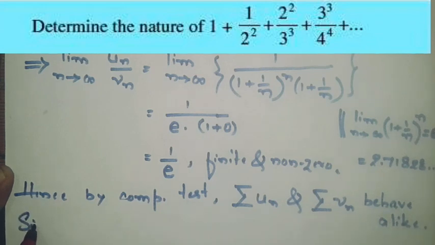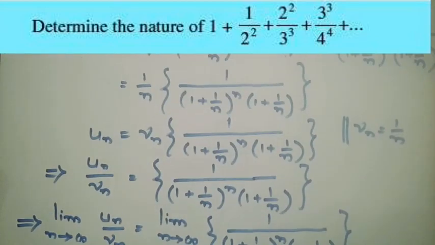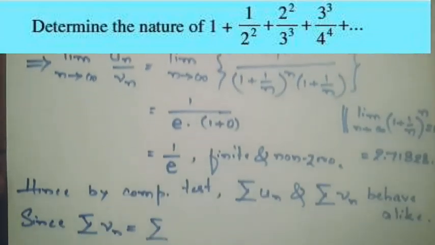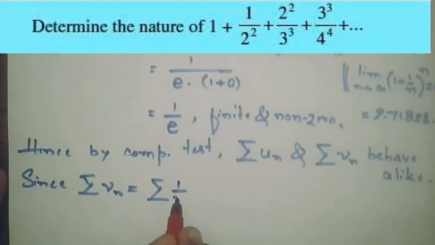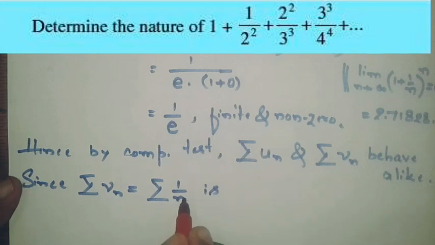Since we know the nature of summation vn, what is the value of vn? Vn is 1 by n. So summation vn is nothing but summation 1 by n, which is a p series, 1 by n to the power of p with p equal to 1.